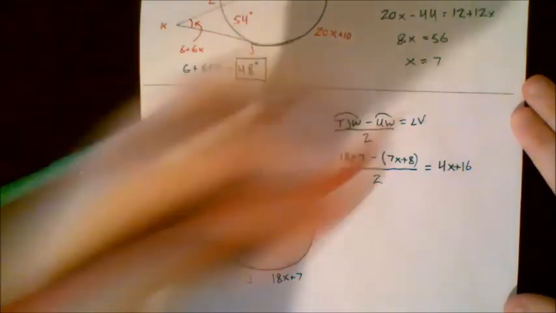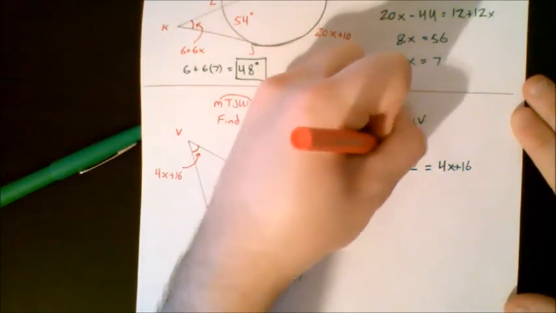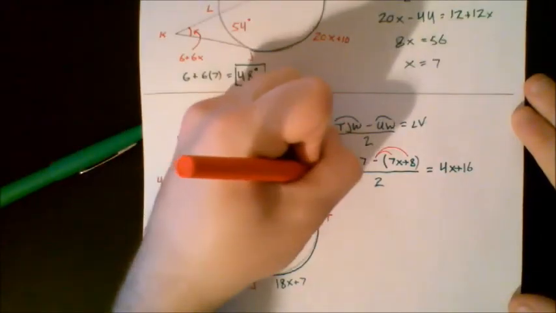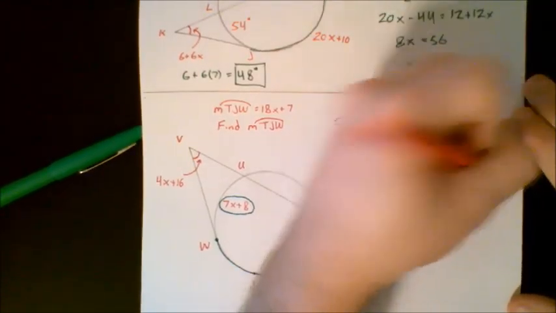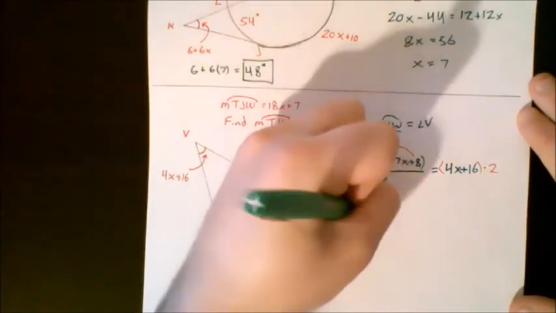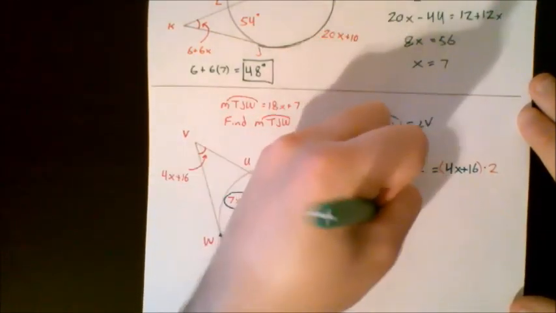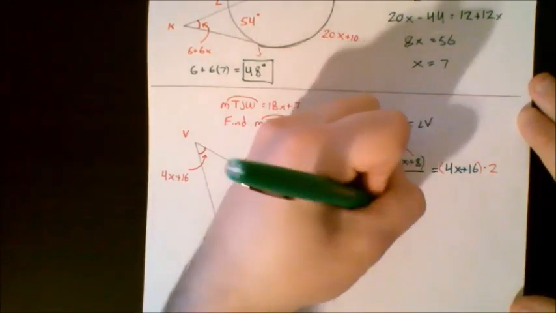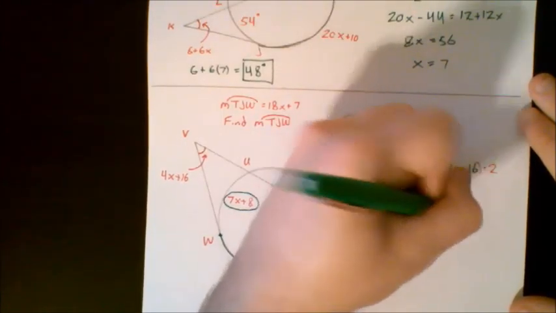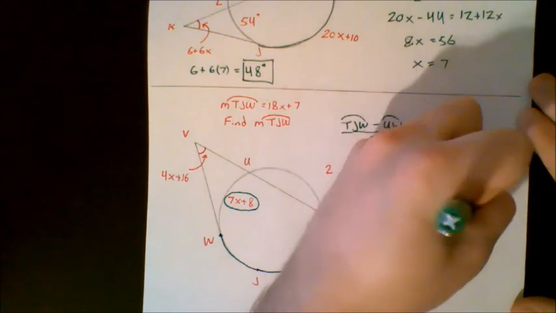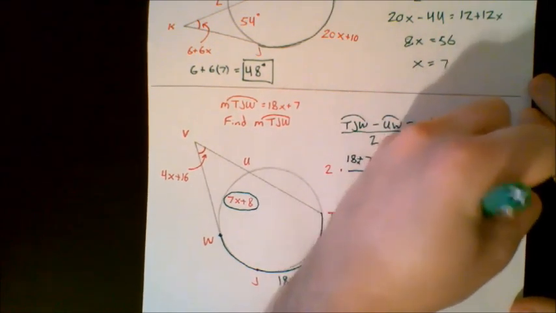Okay. So let's go ahead and distribute that minus sign in. We do a couple steps here at once. So multiply both sides by 2, get rid of that fraction. We are left with, on the left side, 18x plus 7 minus 7x minus 8 equals, distribute in your 2, 8x plus 32.